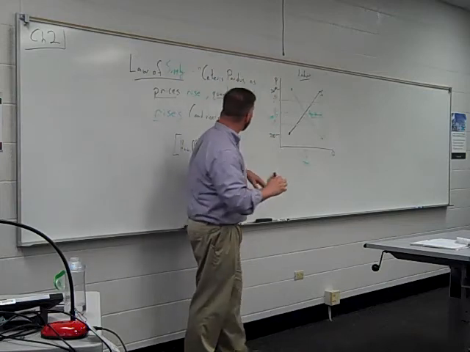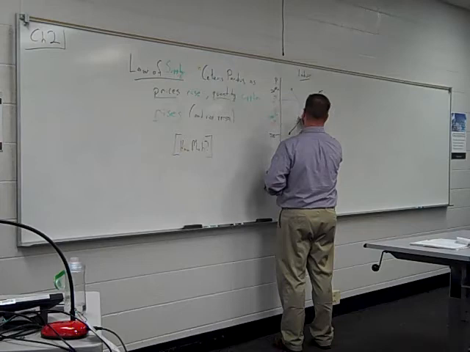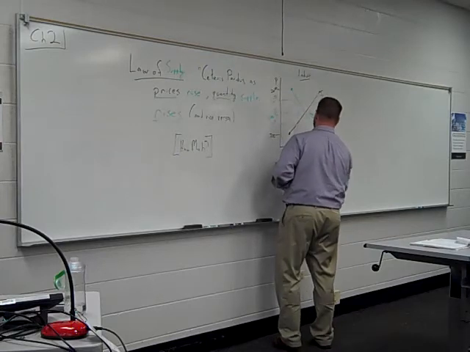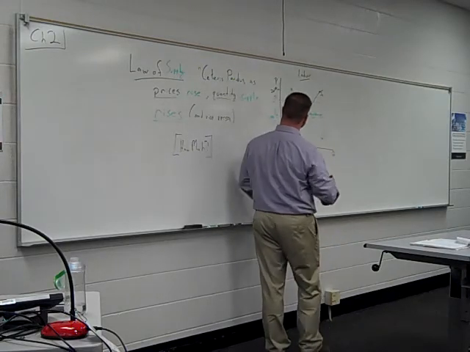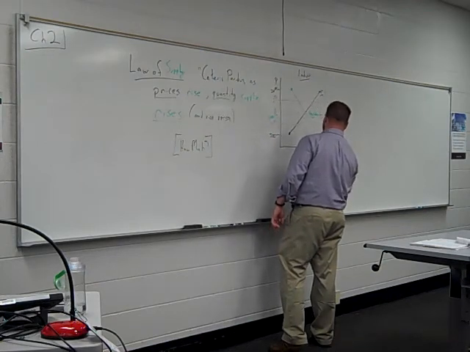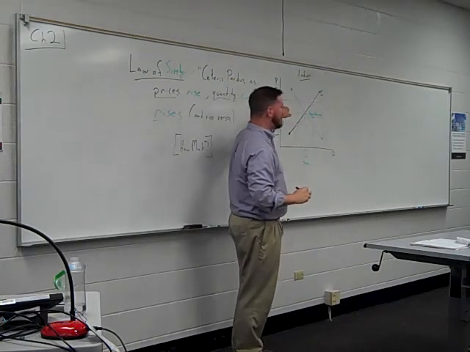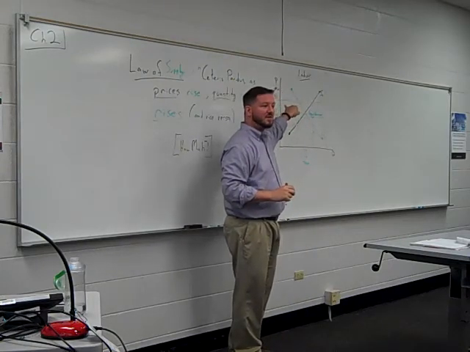Okay, and let's do our math. At this point, we go out to our lines and we see that the quantity demanded and the quantity supplied are here. At $12 an hour, a lot of people want to go work, right?